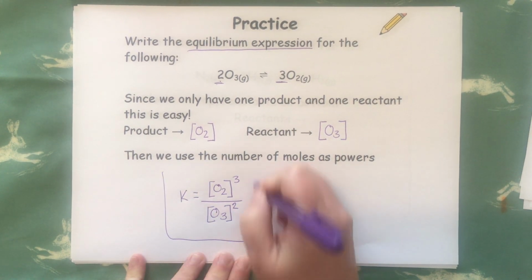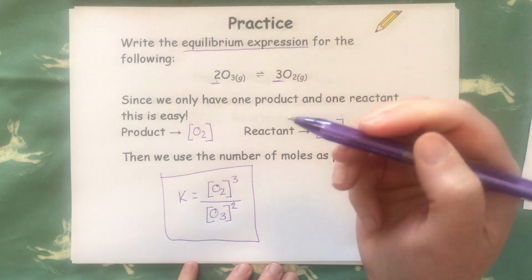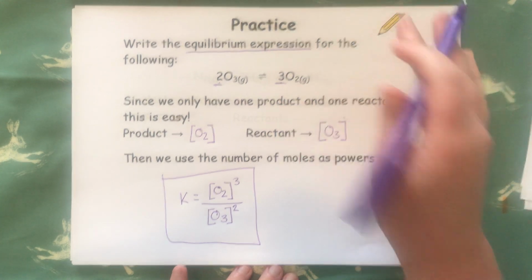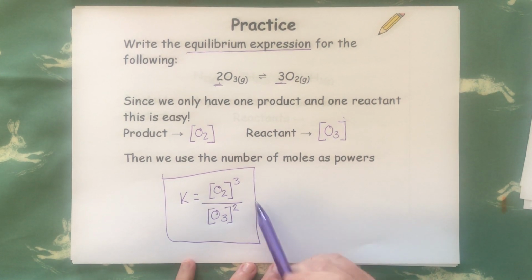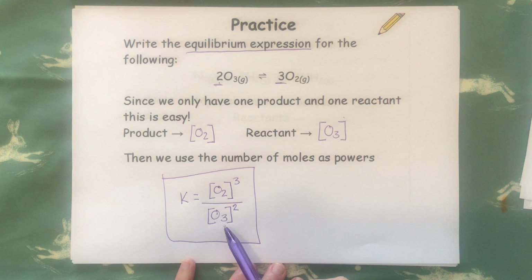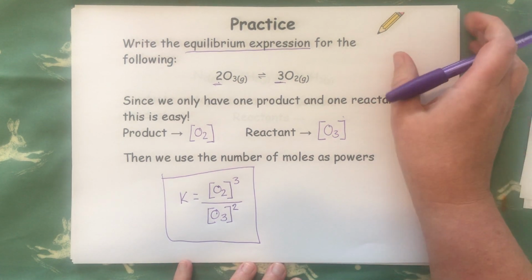So this is the equilibrium expression. And sometimes if you have a look at past papers, that is all you're asked for. So when you're asked for the equilibrium expression, this is what you write. There is no calculation involved in this.